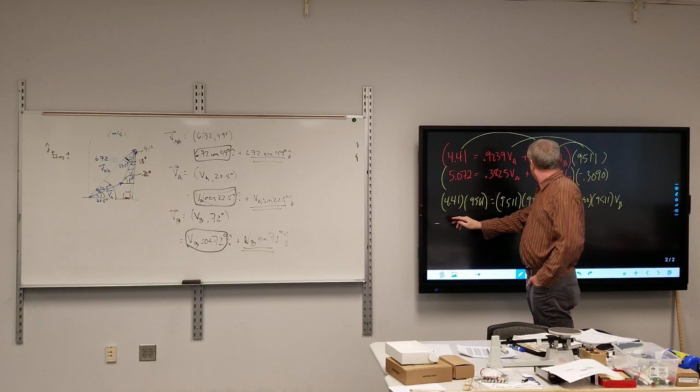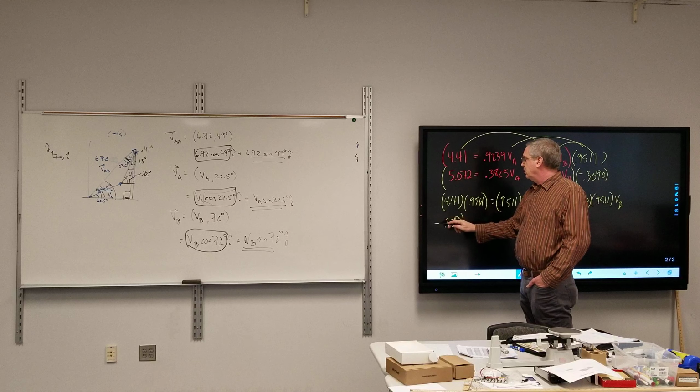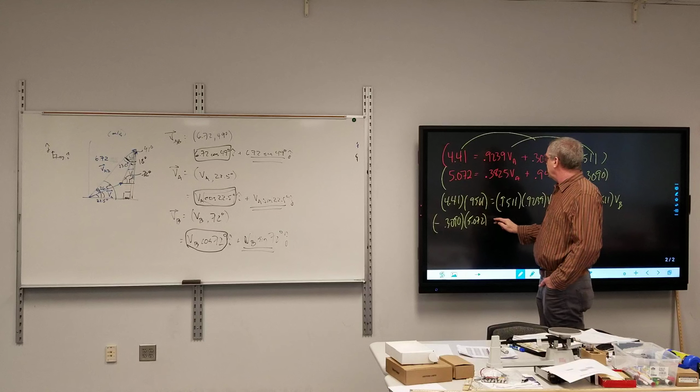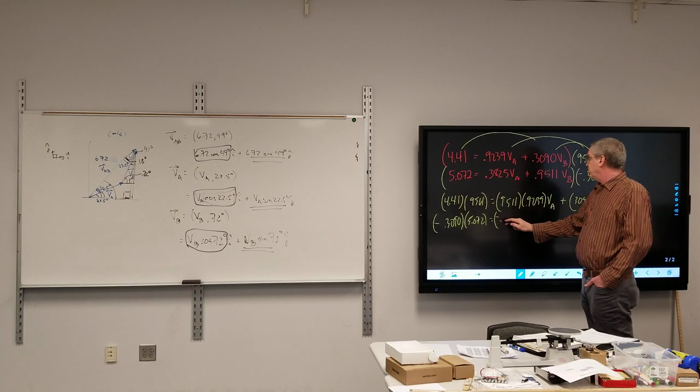Over here, I get negative 0.3090 times 5.072 is equal to negative 0.3.